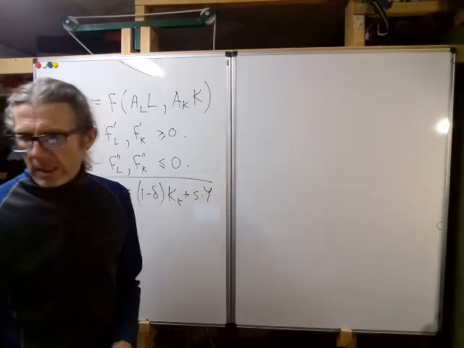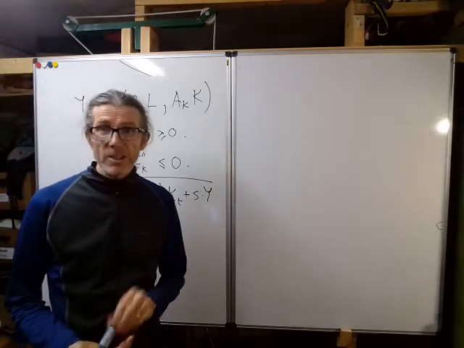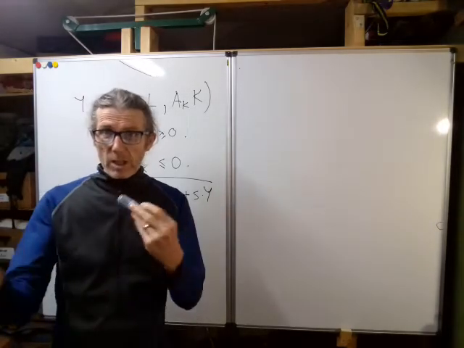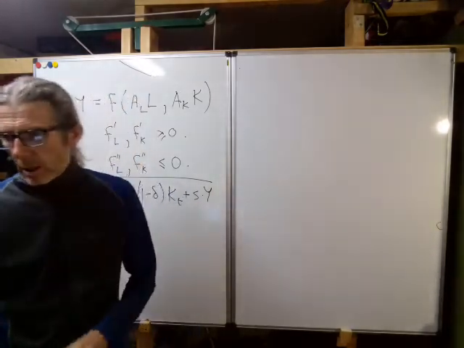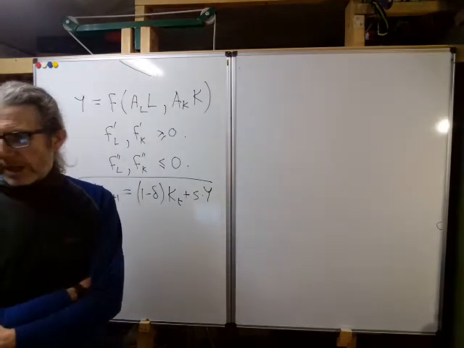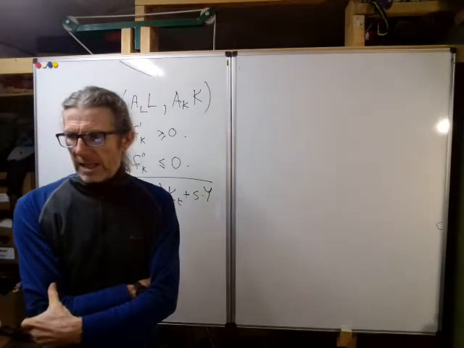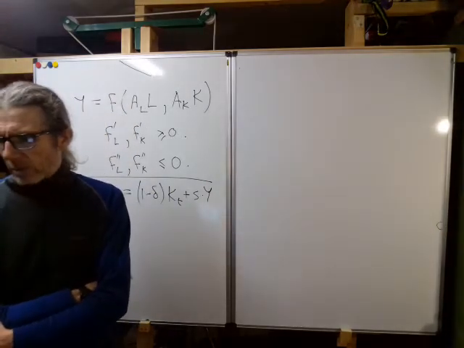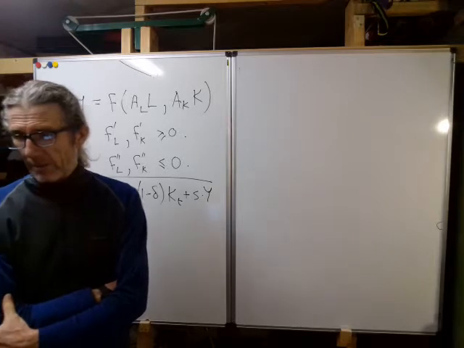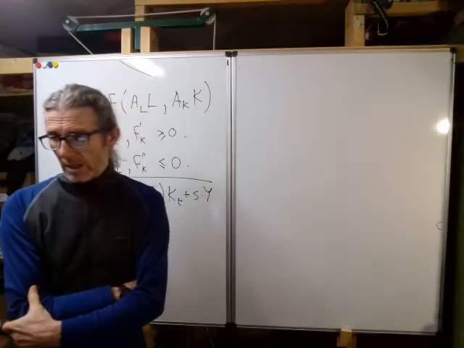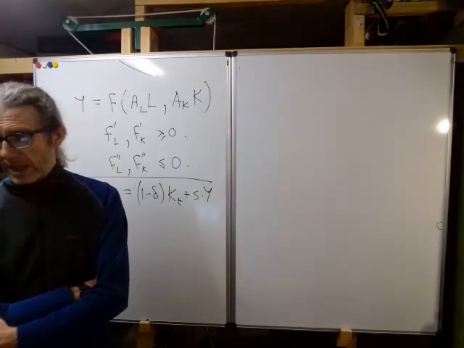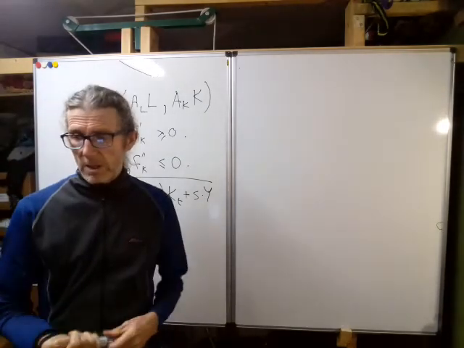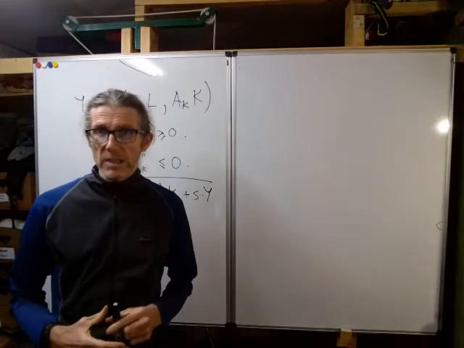So, slide 10, and this is where I get you to start thinking. I'm not going to give you the answers here because we're going to do it on Zoom. Consider figure 1. What are the values of K, L, Y, and S? And what's the value of delta? Well, the only way you can know what the value of delta is if I tell you that the economy is in a long run steady state.